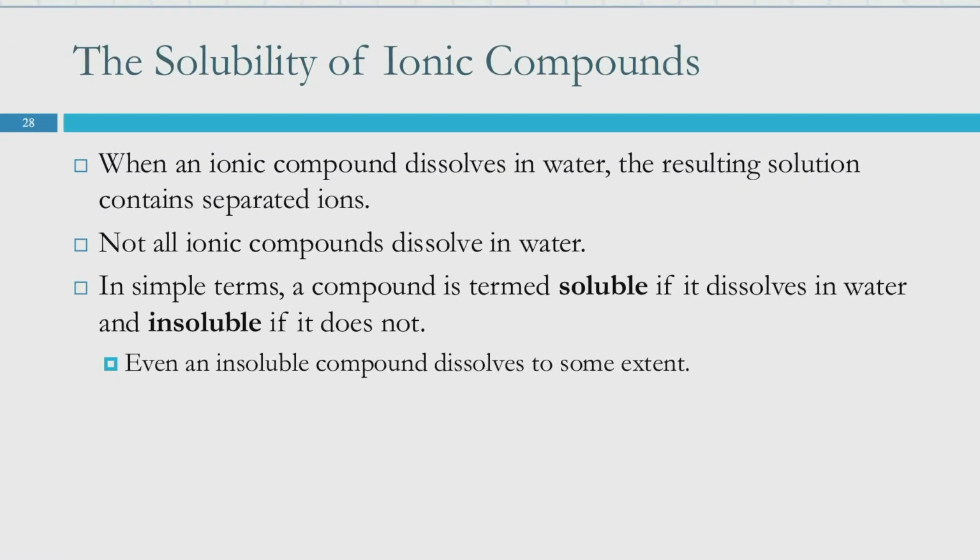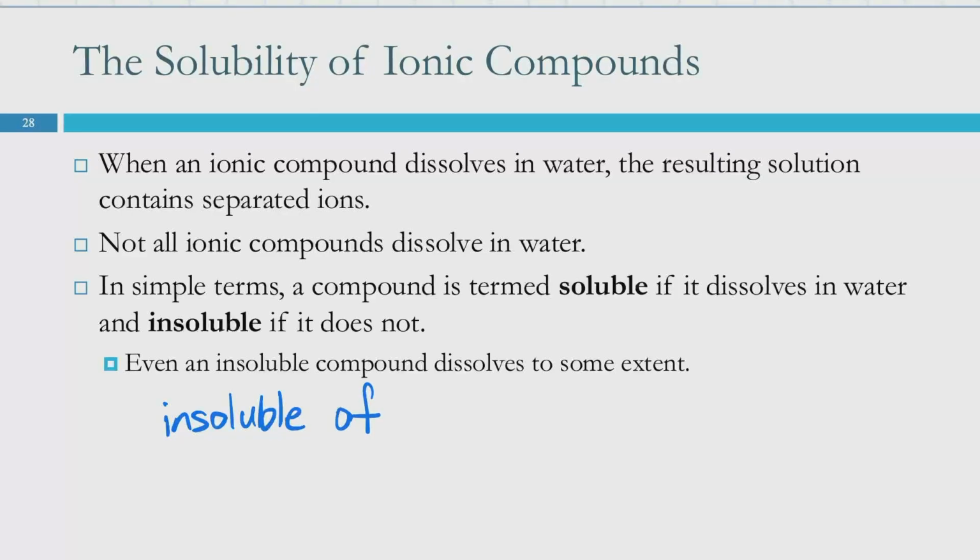For solubility, we can often talk about it in the very most basic terms of is it soluble or is it not soluble? So many ionic compounds dissolve in water, not all ionic compounds dissolve in water. We can either call it soluble if it dissolves in water or insoluble if it does not. Insoluble often means not very soluble.